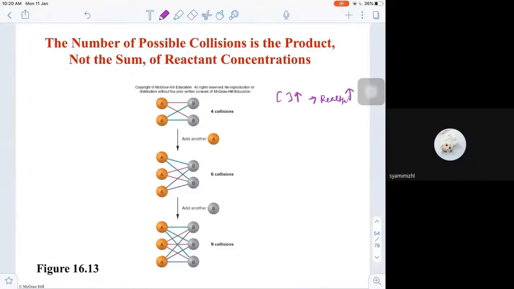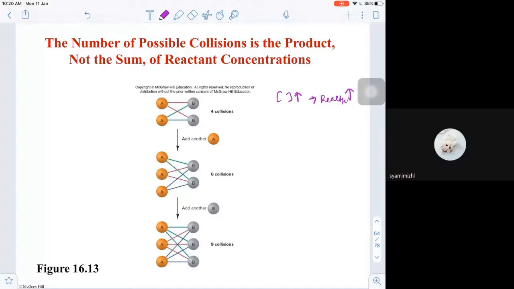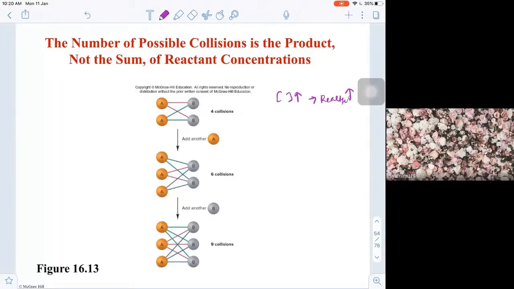When the number of reactant particles increases, what will increase is the frequency of the collisions. More collisions will occur, or the collisions occur more frequently. Lagi banyak collision yang berlaku. When we increase the concentration, the reactant particles increase, collisions increase, then the rate of the reaction increases.